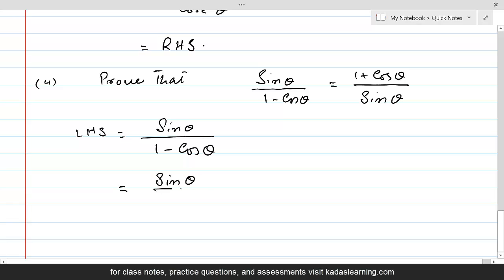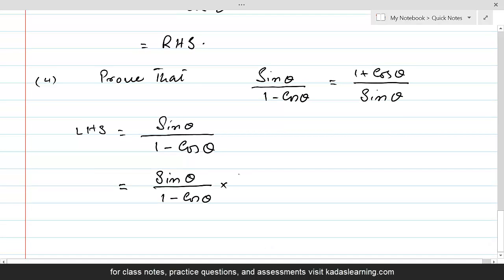Sine theta over, just write down whatever it was, 1 minus cos theta, and now we will multiply and divide with the same number, 1 plus cos theta over 1 plus cos theta by rationalization.